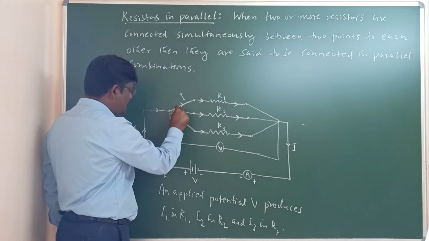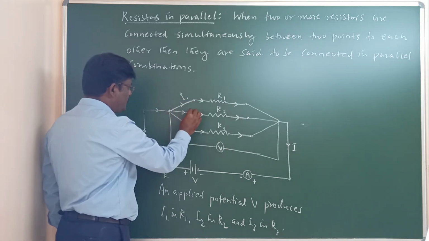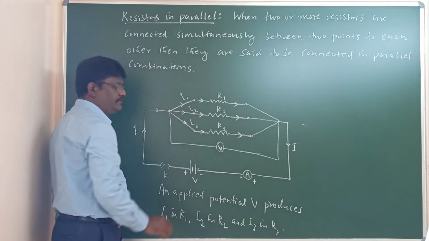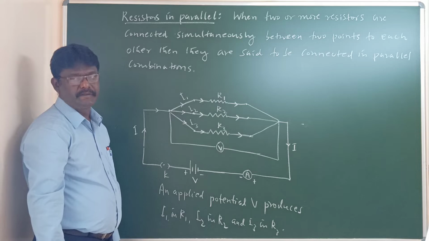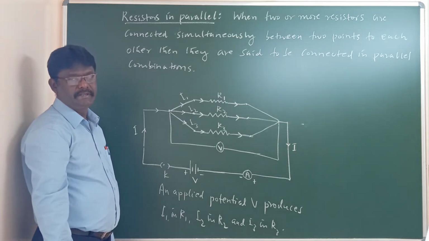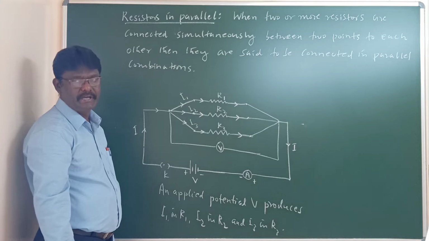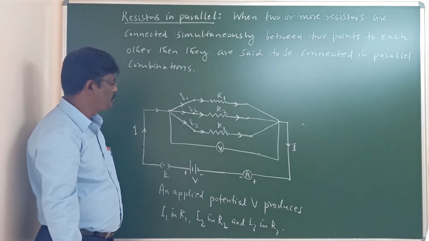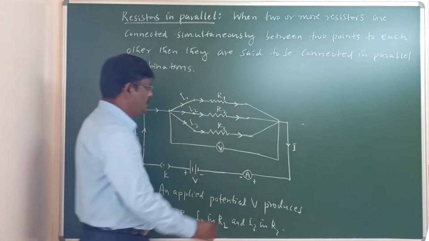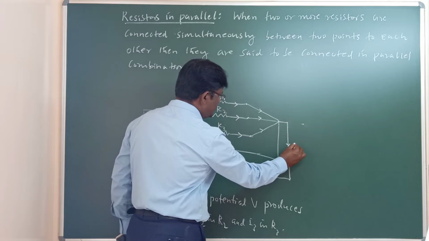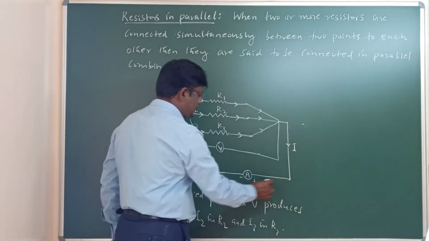Therefore here it is being divided into three. Say this is I1, I2 and I3. That is the main difference between series combination and parallel combination. In case of series, same current. In case of parallel, it is not the same, but I1, I2, I3. Then again, here I1, I2, I3, and then comes out as I.